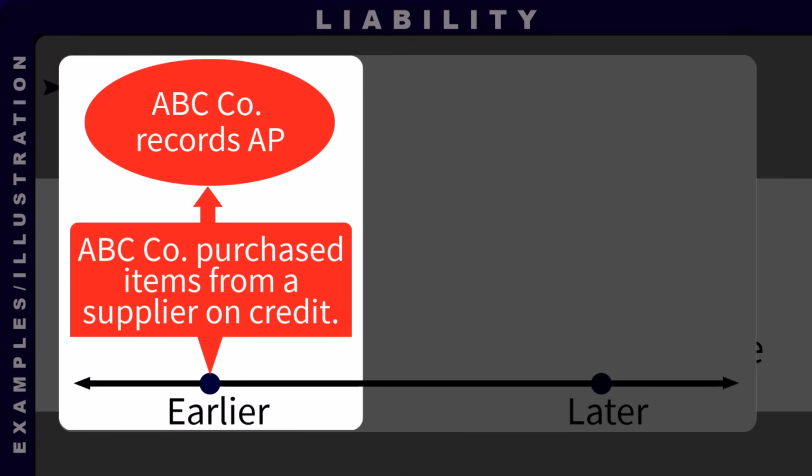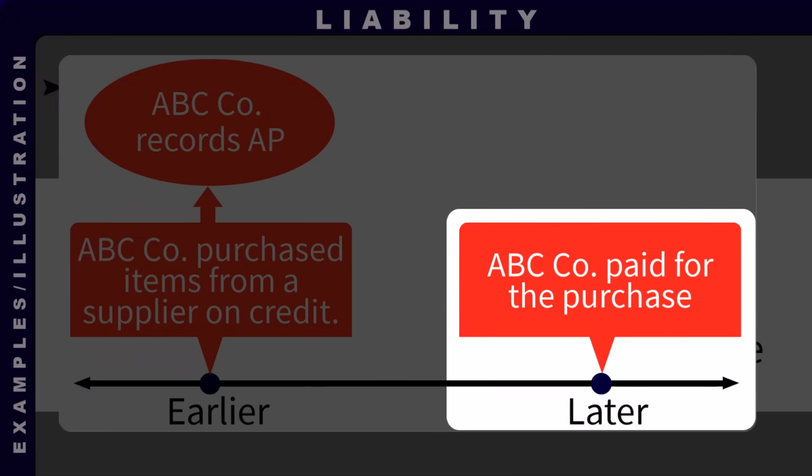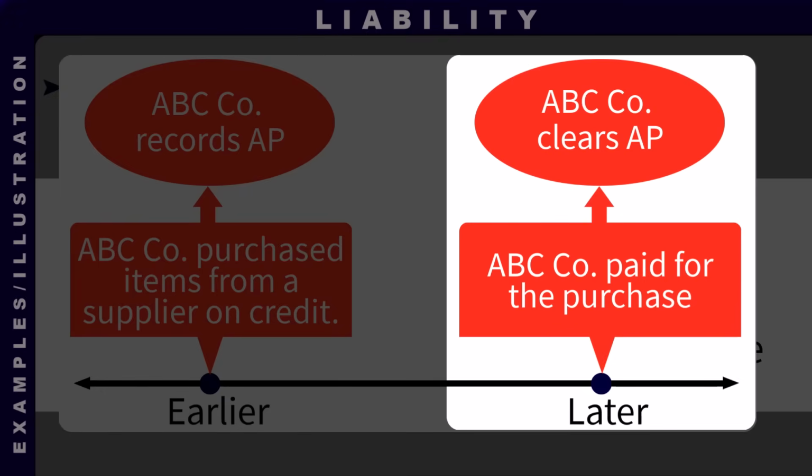Accounts payable are typically paid in 1 or 2 months. So later, ABC Company pays its debt, which is the accounts payable created when purchasing those items. When ABC Company pays the accounts payable later, it clears or reduces its accounts payable balance by the amount of the payment.